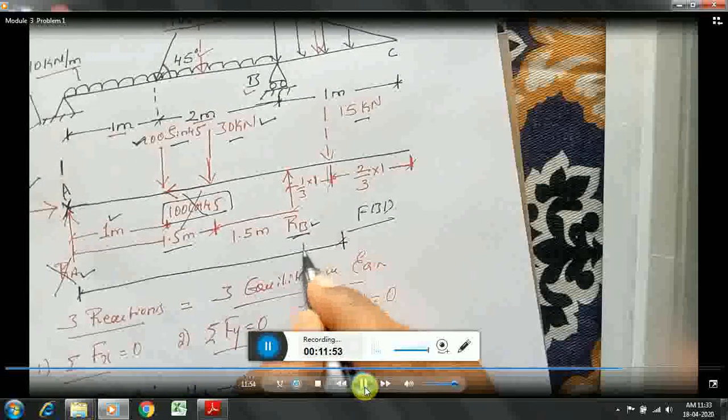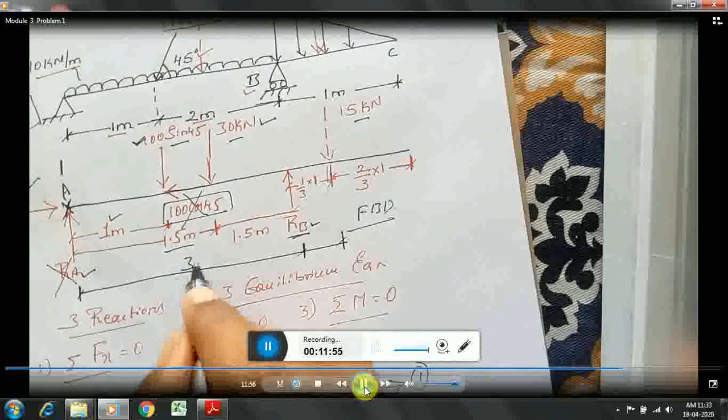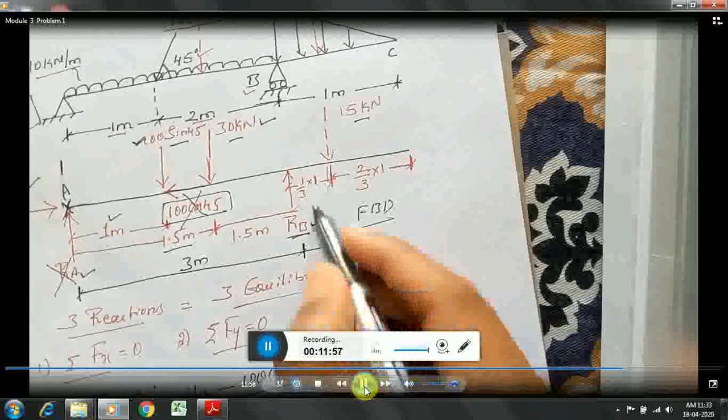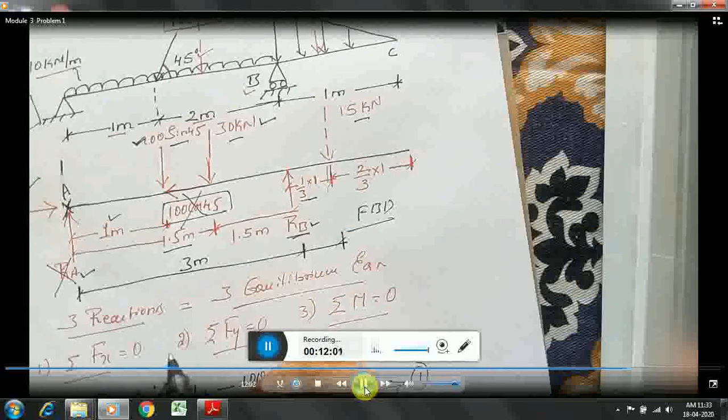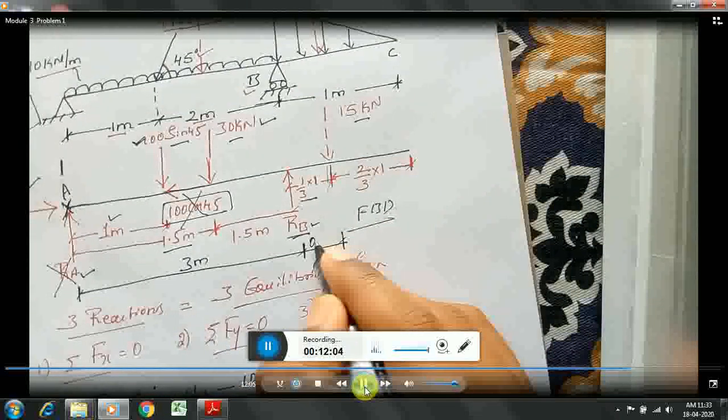From here till this point it is 3 meter. Then this remaining distance is 1/3 of 1. 1/3 of 1 means it will be approximately 0.33 meters.